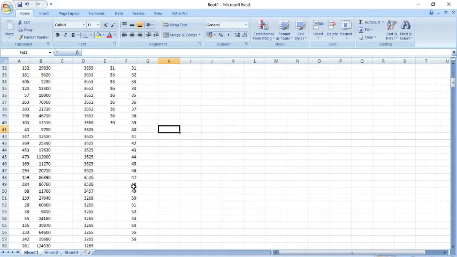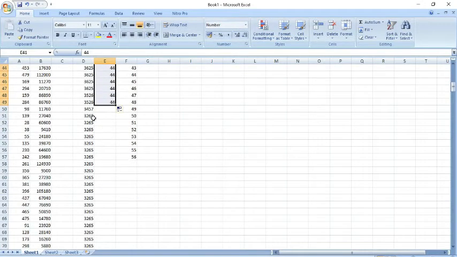It stopped at 48, so it will be up to this. The average is 44. Then this is 49. This is 50.